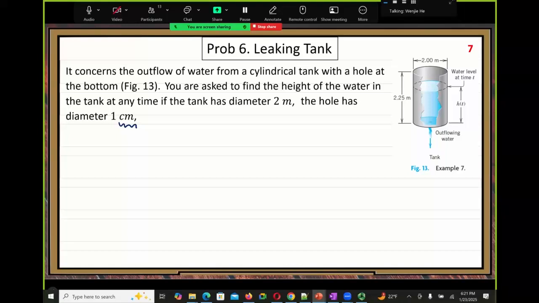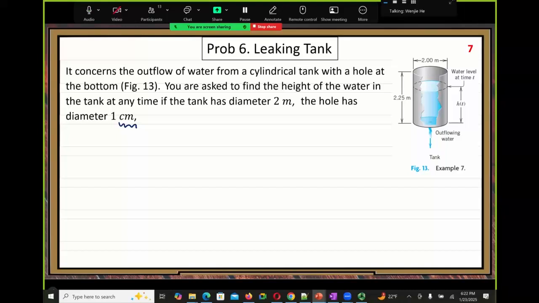That velocity should not be a constant, right? Because at the beginning you have a lot of water inside the tank, so the pressure is very high, then the velocity of the leaking water is very fast.